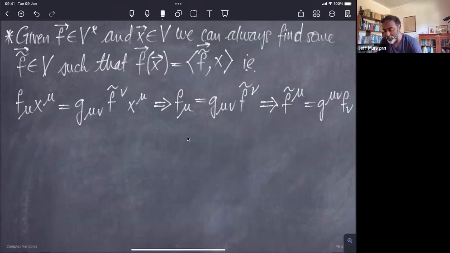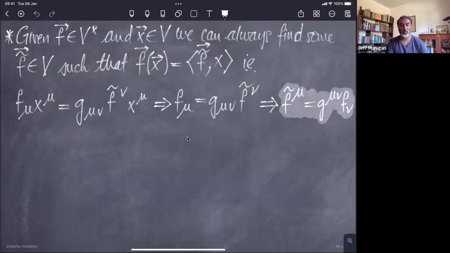So again, given some covector f and a vector x, any vector x in the vector space V, I can use the inner product to find some element of V such that f tilde can be expressed in terms of f in this way.